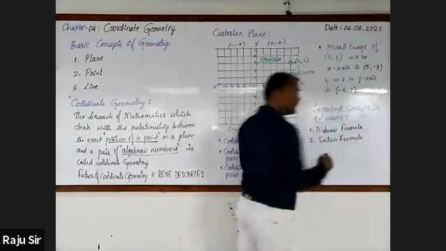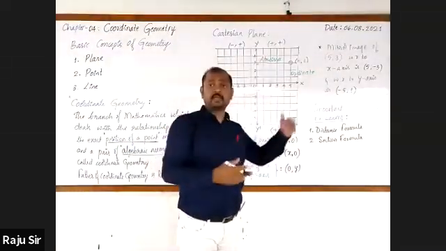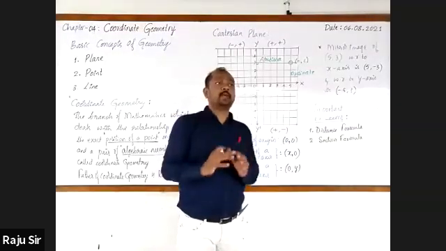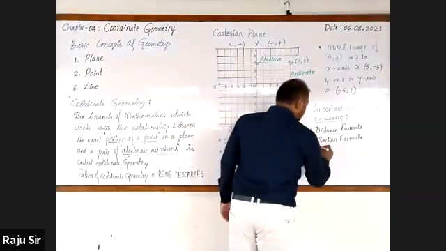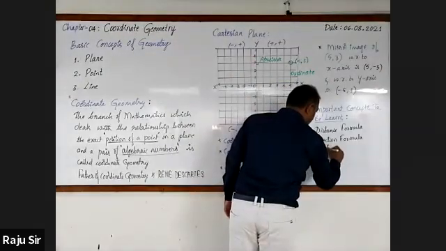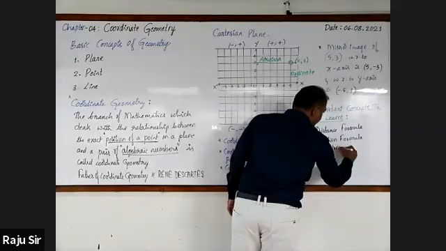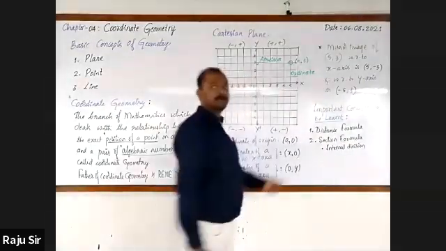In this there are two sub-formulas: internal division and external division. But we have only internal division, and what it is we will discuss when we come across the concept.